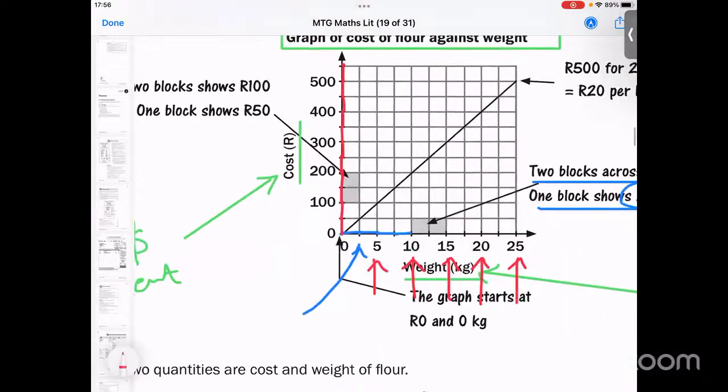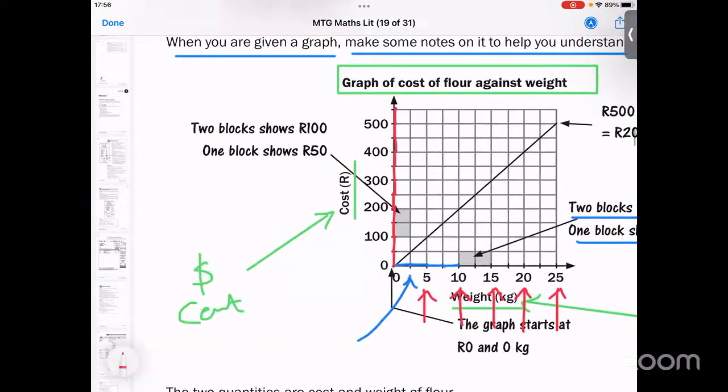In other words, the honorable member, one block represents 50 rands. And if it is 2 blocks, it means it is 100 rands.